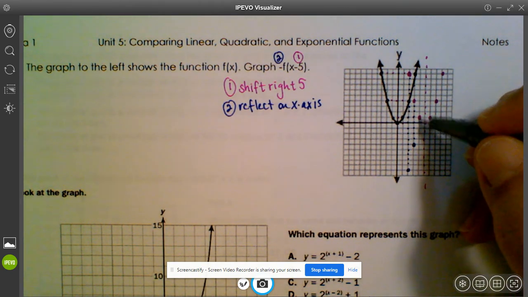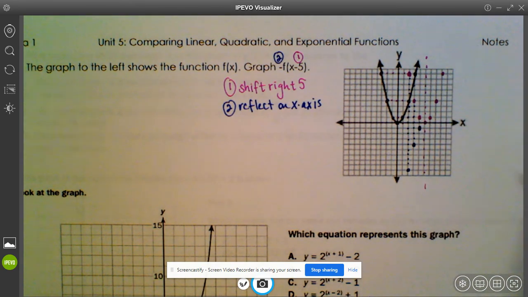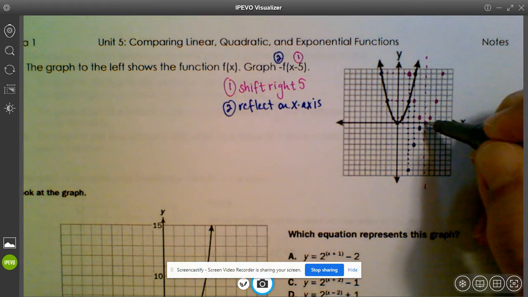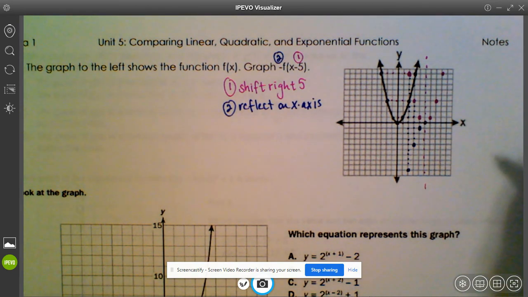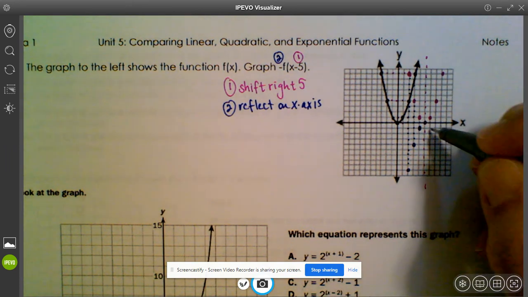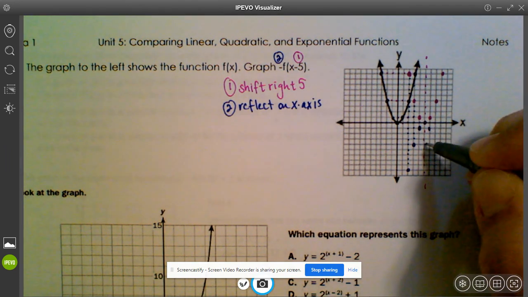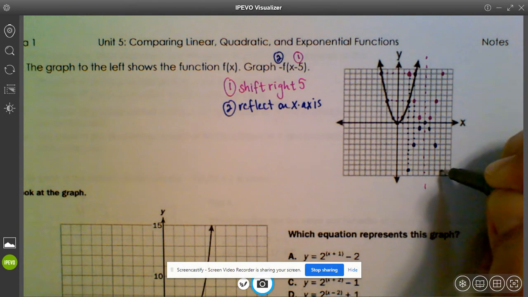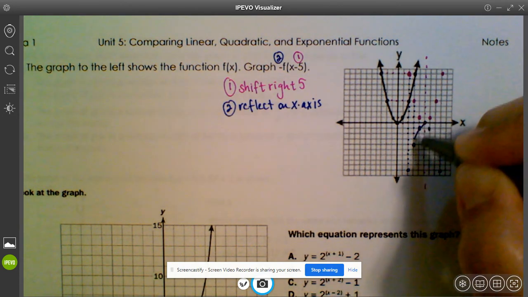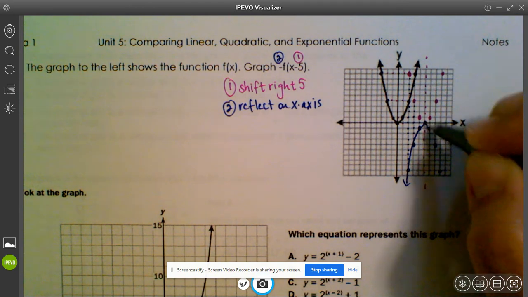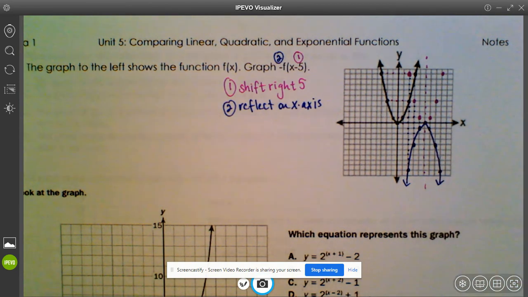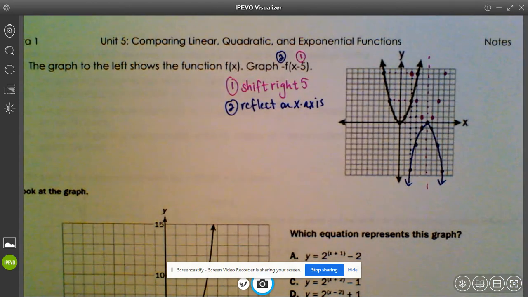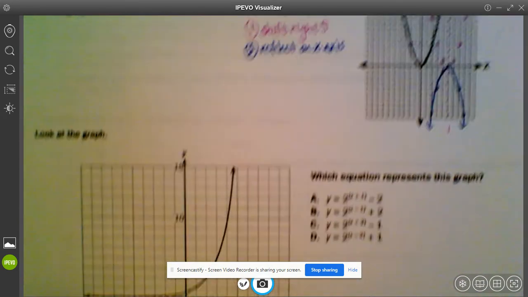This point is 1 unit above, its reflection is 1 unit below. This is on the axis, its reflection point stays on the axis, it maps onto itself. Here are my BOGO points because I've still got the same axis of symmetry. Okay, and so this is what my final graph will look like. It could be a better graph.